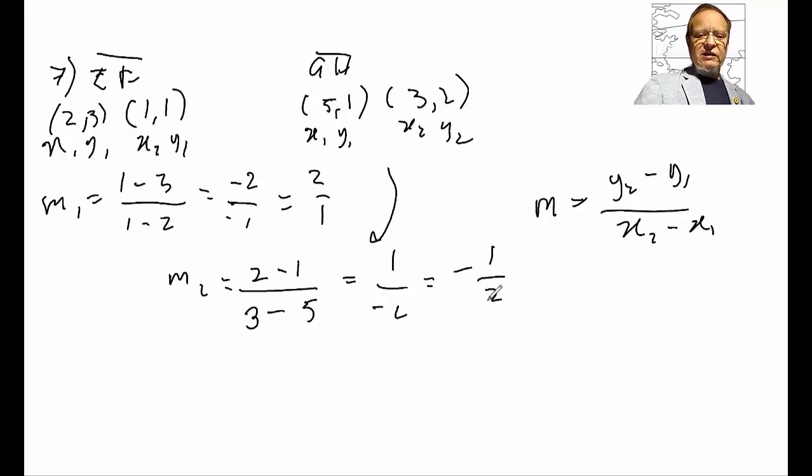So we see that in order for lines to be perpendicular, the slopes must be the reciprocal, which means the upside down, and the sign must be changed. So let's go back to the PowerPoint and show how this looks graphically.